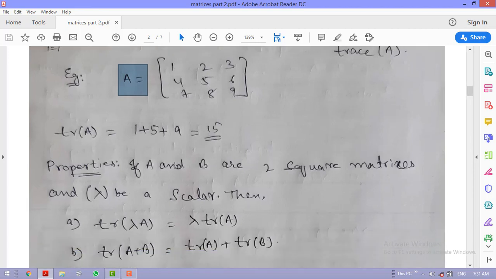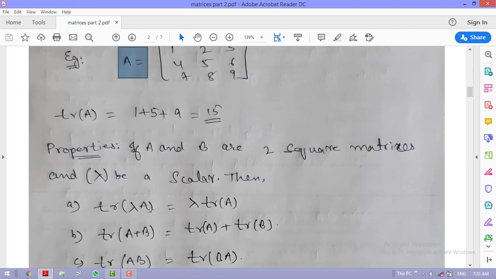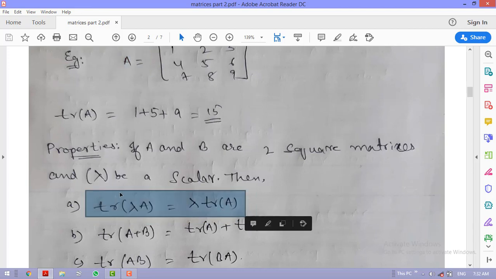If A and B are two square matrices and lambda is a scalar, then trace of lambda A is equal to lambda times trace of A. You have to remember this property, and even in GATE questions they may give you direct questions from these properties, like: trace of lambda A is equal to, select the correct option from the following. Then if you know this property, you can directly pick the option, or else you have to leave that problem.